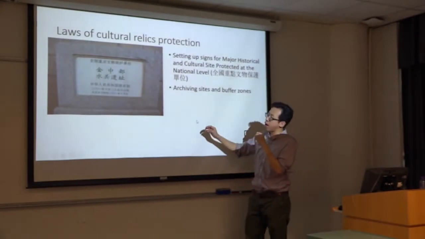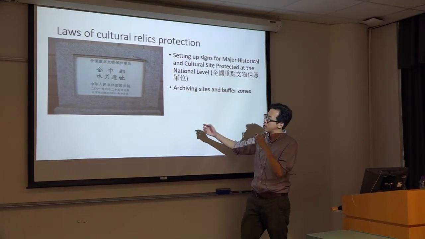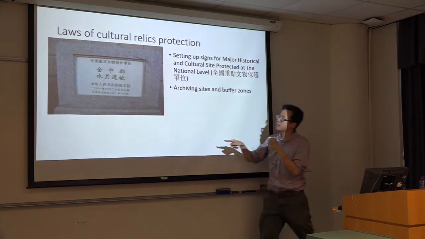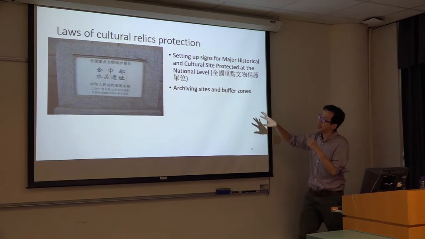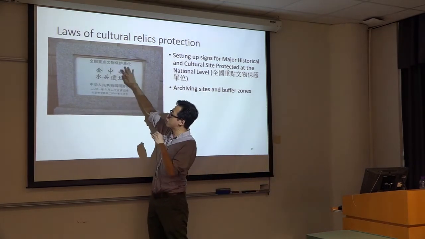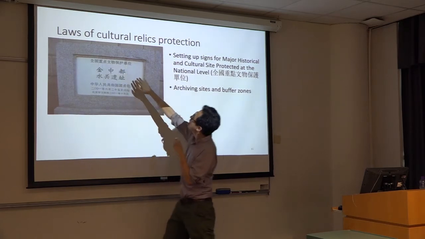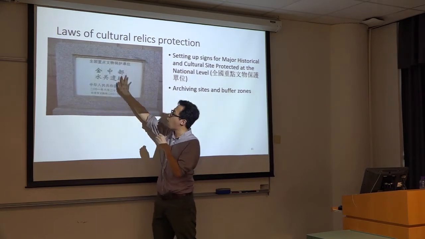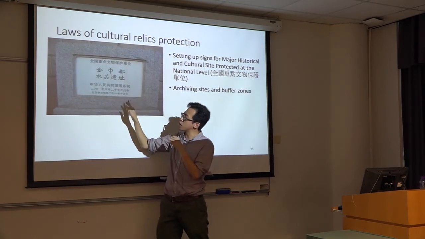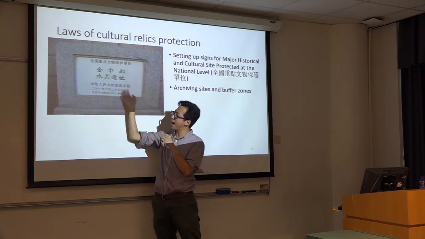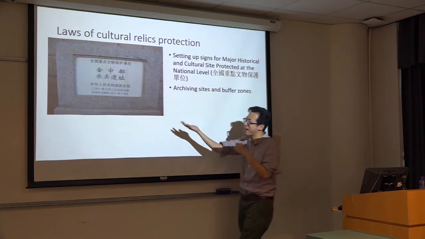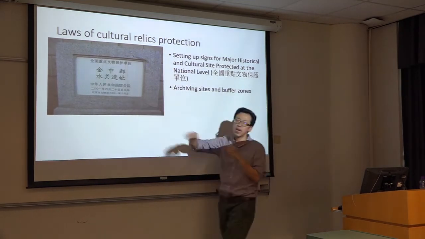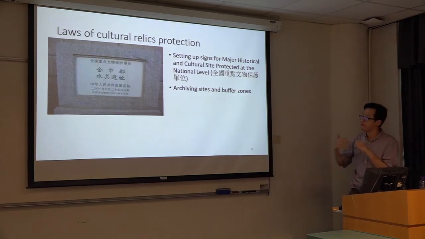For a lot of archaeological sites, when you visit them, you will see this sign. This is in Chinese, but when I translate it, it says the name of the site, such and such, and that it is an important cultural relics protection unit, and this site was built by the PRC, of course, and we have the date here mentioning when the site was built.